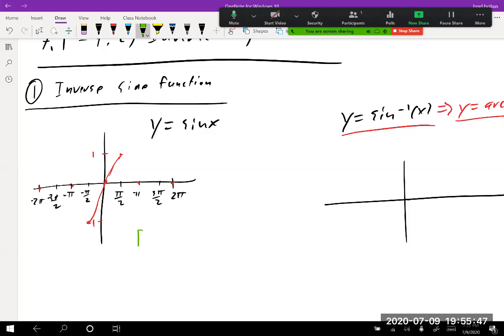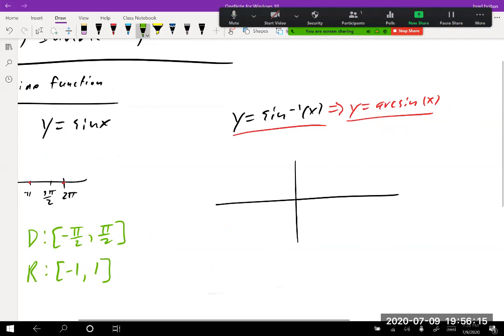But what I've done is I've limited the domain. The domain is now from negative pi halves to pi halves, right? Those are the angles we're allowed to use now. And the range is still the same, -1 to 1. So what we did is we cut off part of the graph so that we're able to call it a one-to-one function. That way its inverse will also be a function, okay?